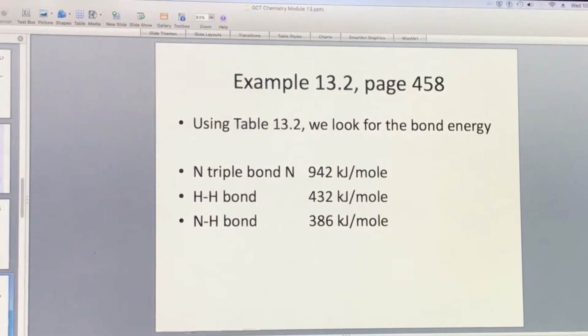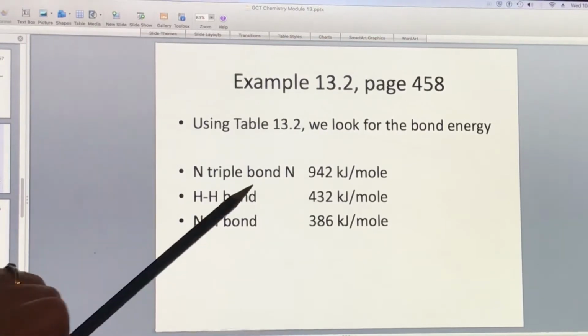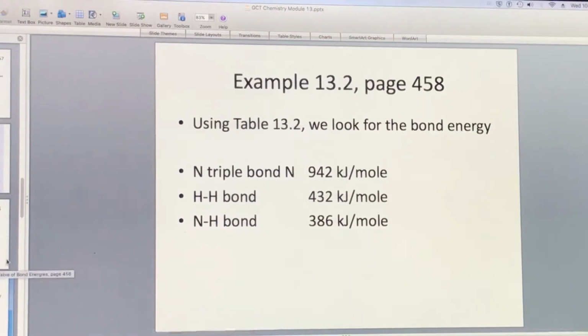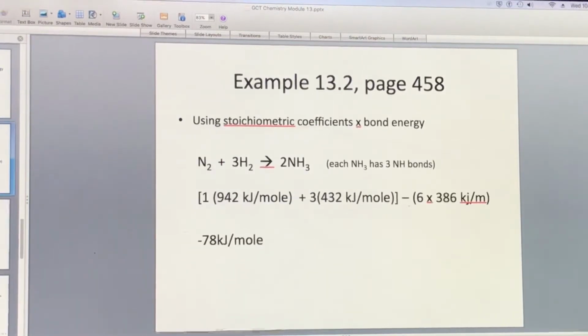I've summarized it here on this table. We find the exact kilojoules per mole for each one of those bonds. And then we can go back to our equation, which is listed here, the N2, H2, NH3. And we use these stoichiometric coefficients to help us determine what to multiply those values from the table by.